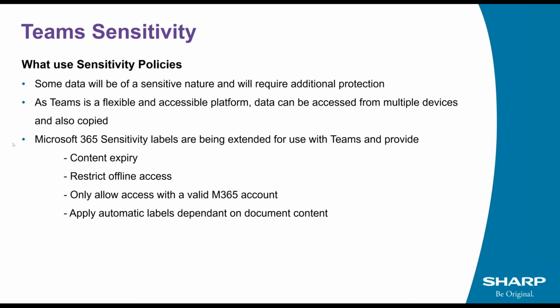So with that, we can set things like content expiry. So when data is accessed, we can actually set it to expire after a certain period. We can restrict access to data so it can't be accessed offline, so someone's copied it away and using it on another machine. Important piece is we can encrypt it to only allow access to data with a Microsoft 365 account. So on a business machine, it will be seamless to you.